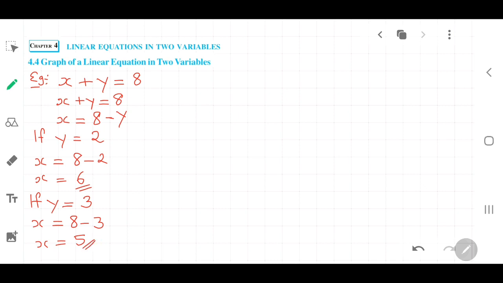So we got two solutions, that is x and y. Before we have taken x 6, y 2, and the other one x 5 and y 3.